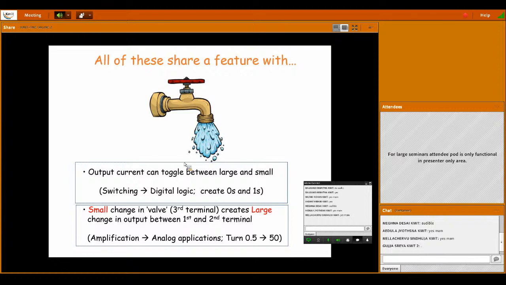Where a PN diode has only one junction, a bipolar junction transistor has two junctions, so we have three regions. Hence here we have given the three ports. The first port is the inlet, the second port is the outlet, and the third port is the valve. Let's interpret that to the device: the inlet is the emitter, the outlet is the collector, and the valve is the base.